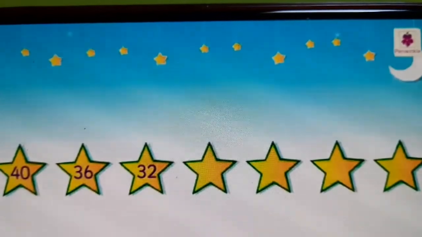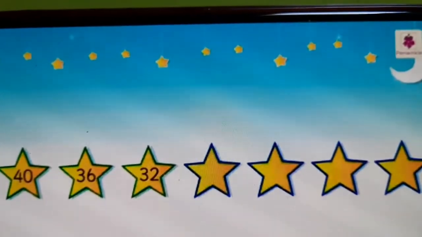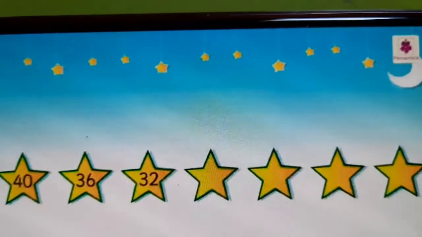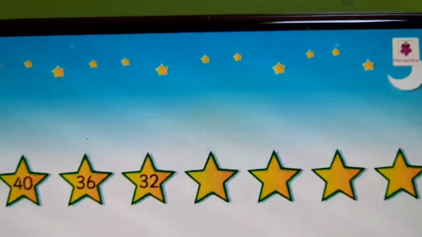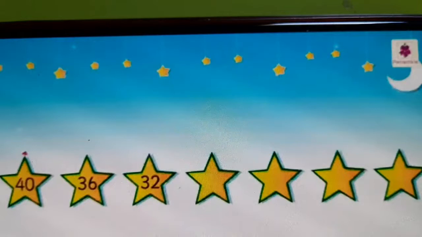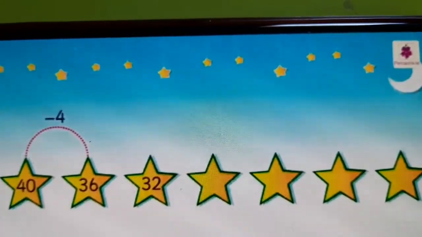Now, observe the given pattern and write the next 4 numbers. Look at the pattern carefully. What can you observe? Correct. On subtracting 4 from 40, we get 36, which is the next number.